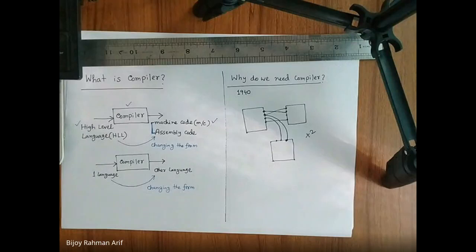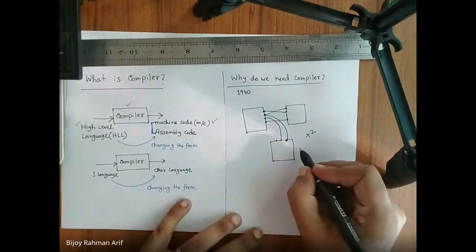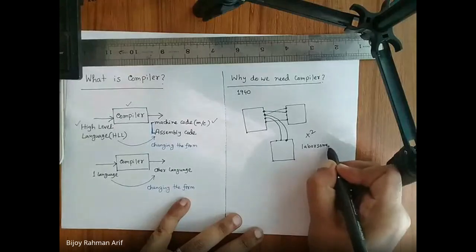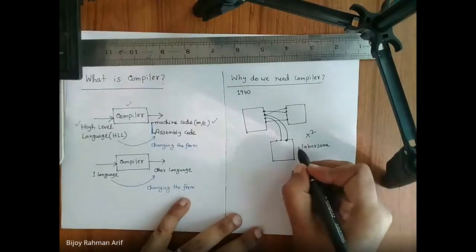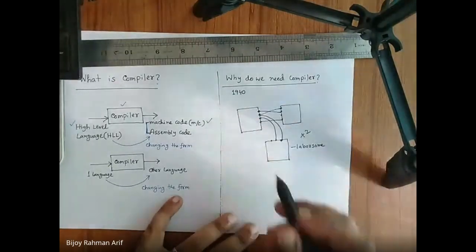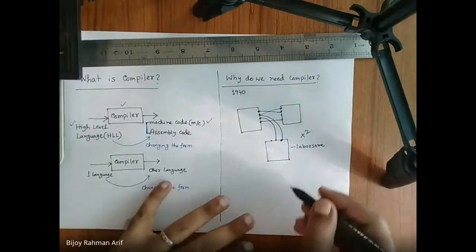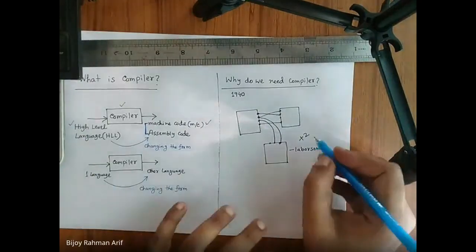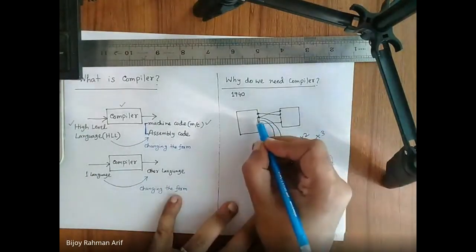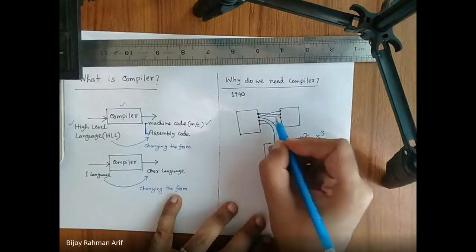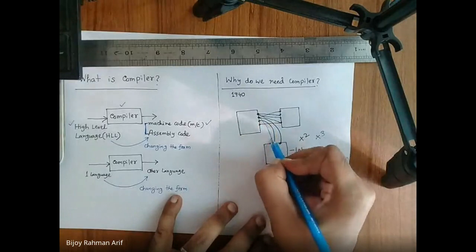Secondly, if you want to change the functionality, for example, right now you are doing x square, and if you want to do x cube, then you have to change the wiring. Completely new wiring you need to create.